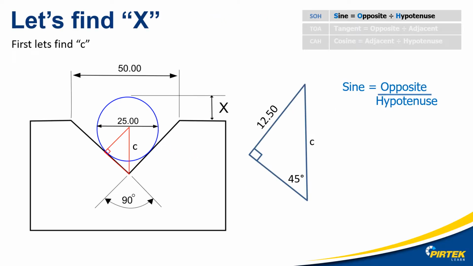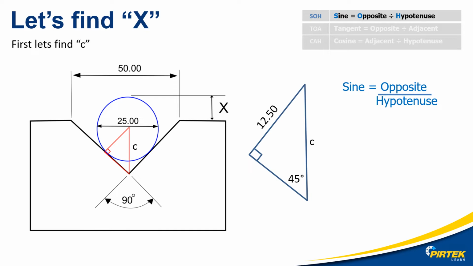This is going to take a few steps. So the first thing I need to do is work out the distance from the center of the ball to the bottom of the V groove. As we can see, where the diameter of the ball touches the side of the V groove, it creates a 90-degree angle. So we can create a right angle triangle.